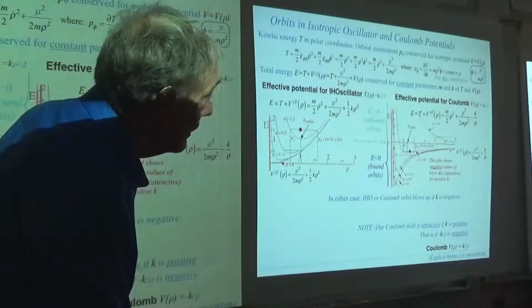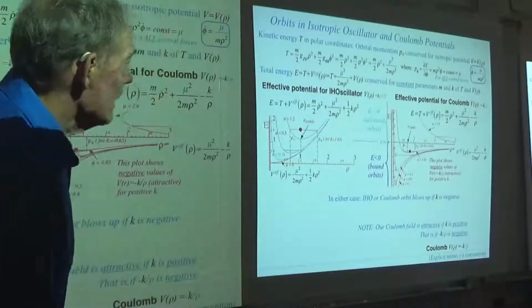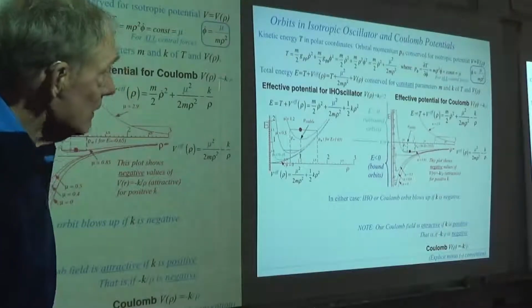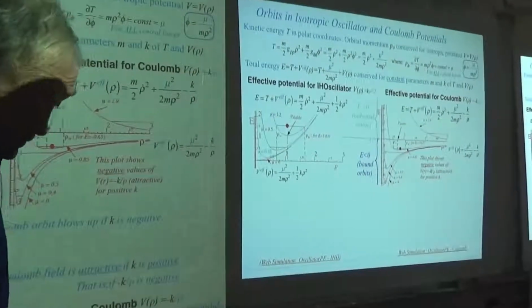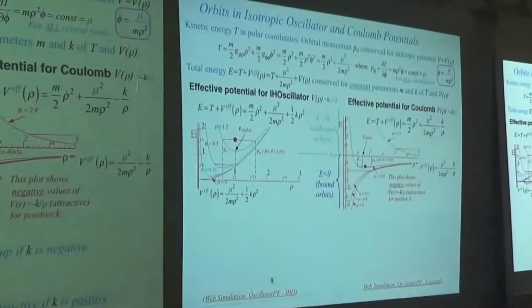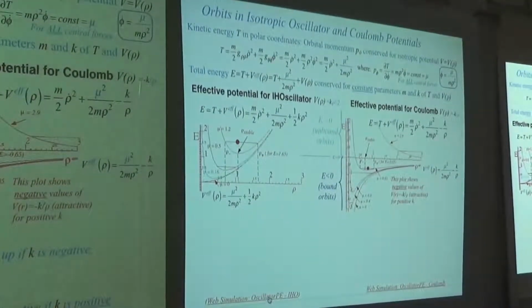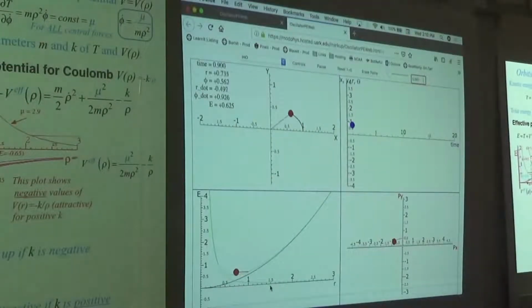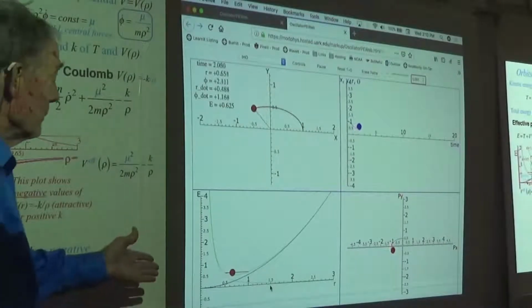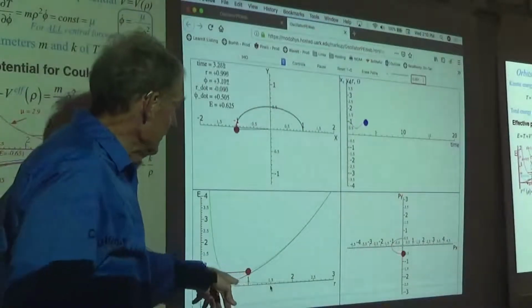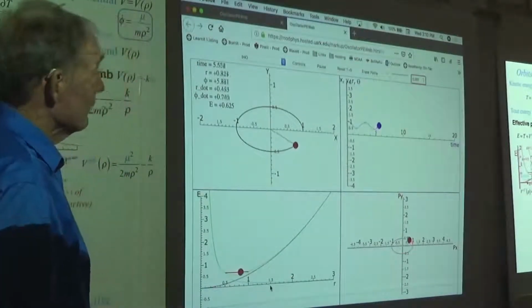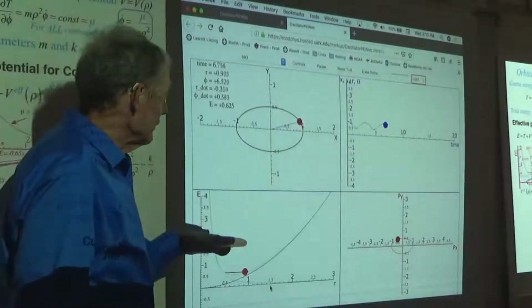Okay, that said, we're off to the races here. Now, just quickly, I'll do it on this machine right here. I'm going to back up here where I have a link at the bottom that you can click on yourself when you get these lectures off the net. But recall what it looks like when you had an oscillator with the effective potential added into the oscillator parabola, and you make your ellipse in a fairly complicated fashion.